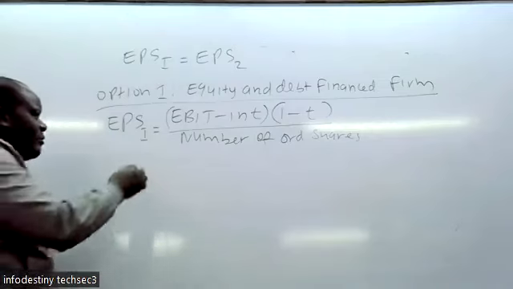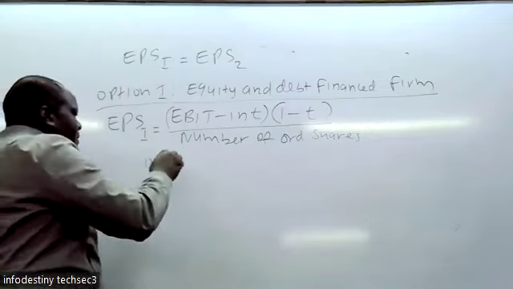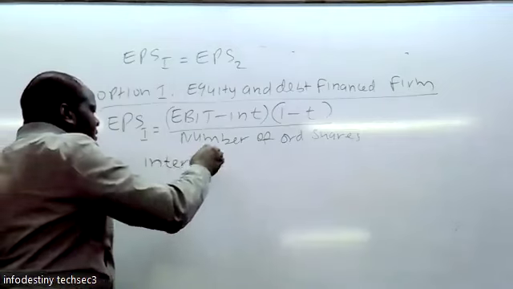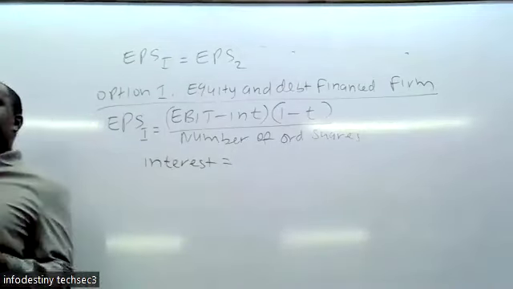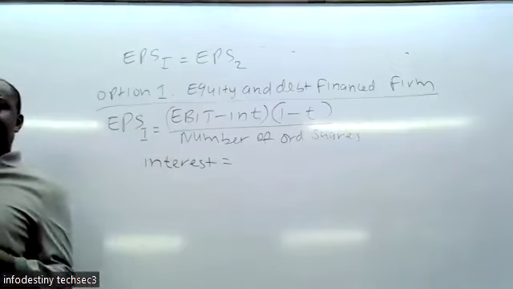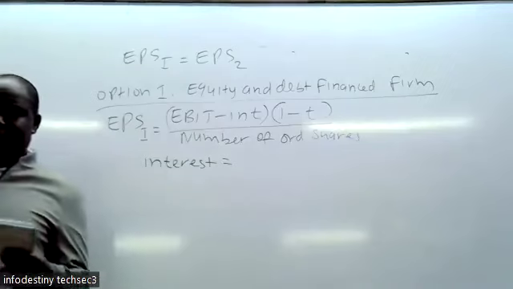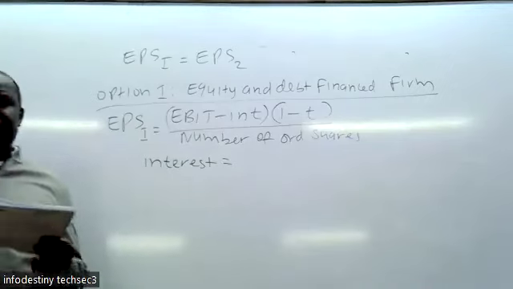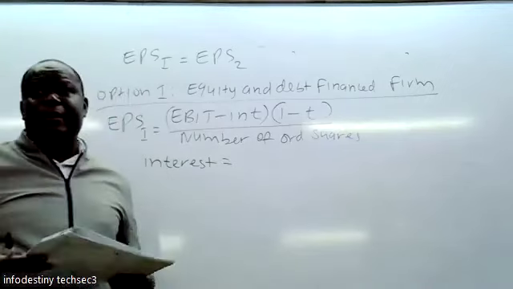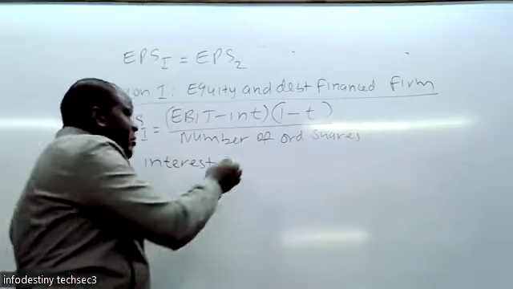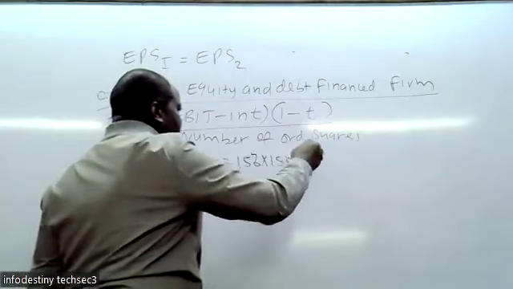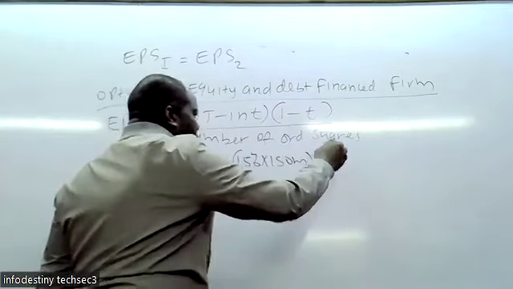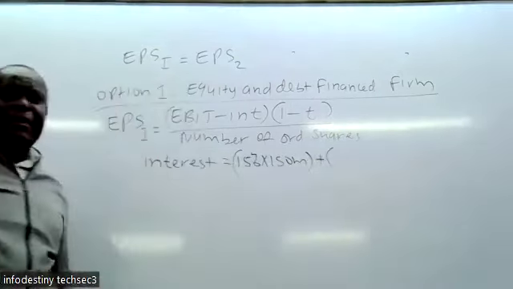So you compute the interest. To calculate the interest, check the current capital structure. In the first paragraph, there is 15% of 150 million, so interest will be 15% of the 150 million. Then we add the amount to raise.